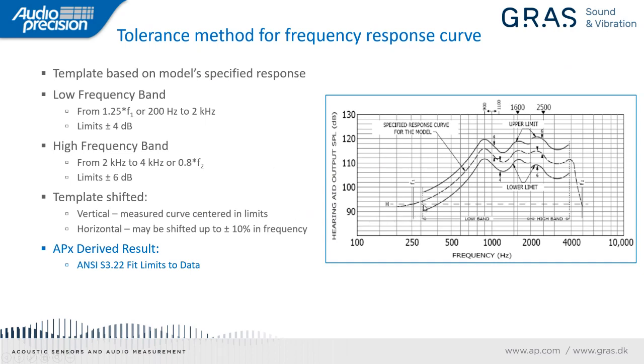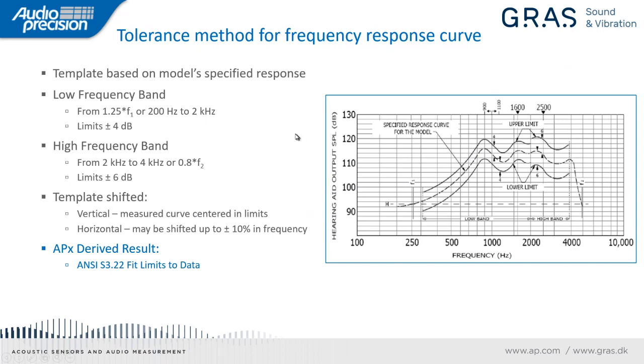So we have a lower frequency range here from 1.25 times F1, or 200 hertz, whichever is higher, up until 2 kilohertz, shown here. And then the upper frequency range is from 2 kilohertz to 0.8 times F2, or 4 kilohertz, whichever is lower. So in the upper frequency range, the limits are plus or minus 6 dB as shown here, and in the lower range, they're plus or minus 4 dB.